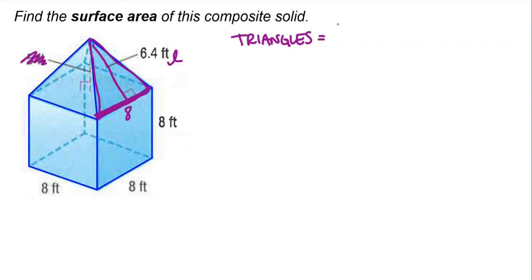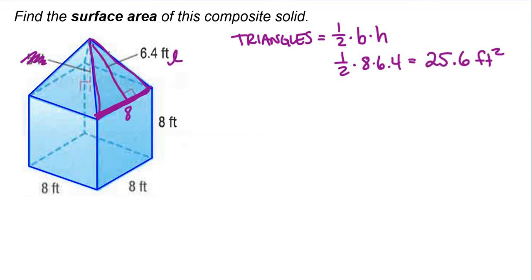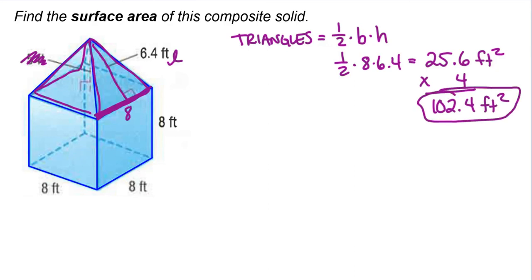So the triangles are 1/2 base times height, which is 1/2 of 8 times 6.4, which is 25.6 square feet. Now, there are 4 of these triangles on the top of this figure, so I'm just going to multiply that by 4 since I know they're all identical. That's a shortcut because I know they're all the same size. So all my top triangles are 102.4 square feet.